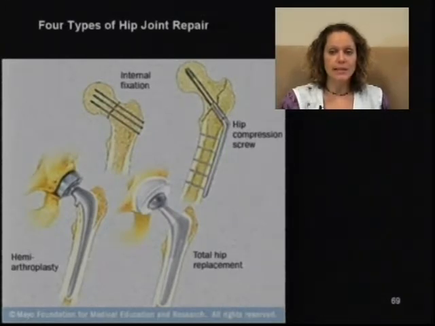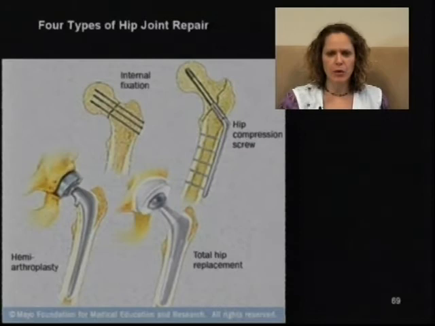In the one that says hip compression screw, this patient has sustained an intertrochanteric fracture. So we've got the hip compression screw in to, again, connect the femur back to the head of the femur so that we can then place the head of the femur back into the acetabulum if it has become dislocated as well.